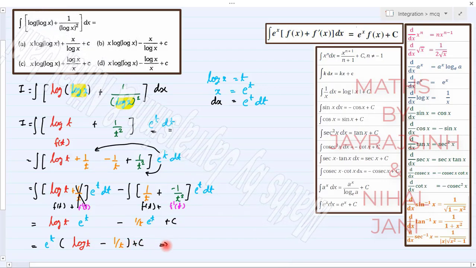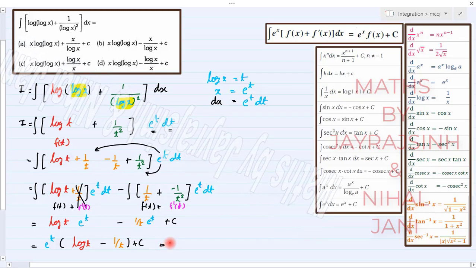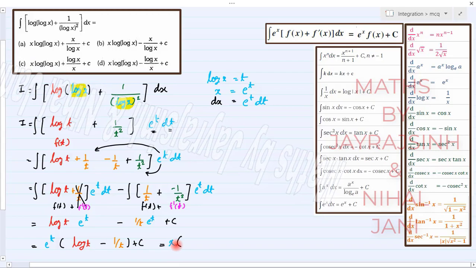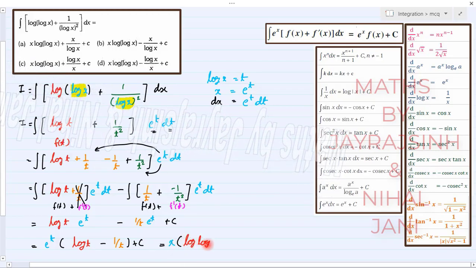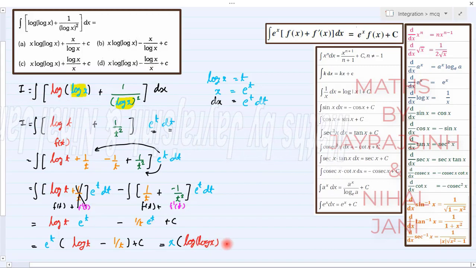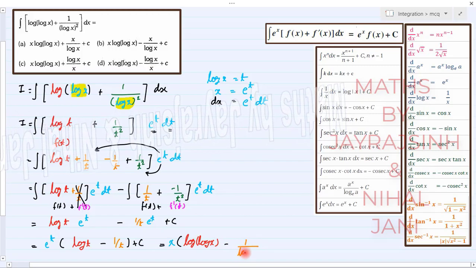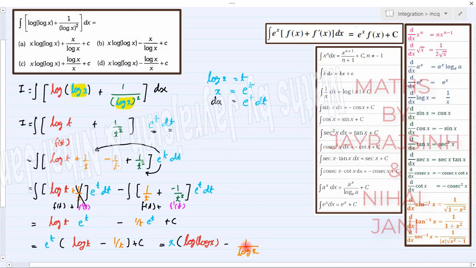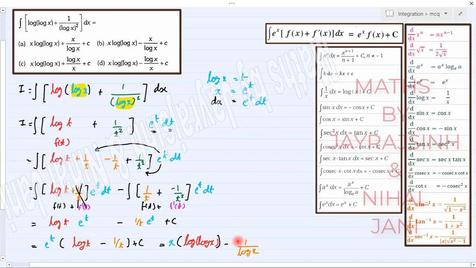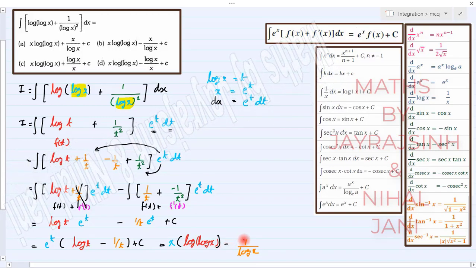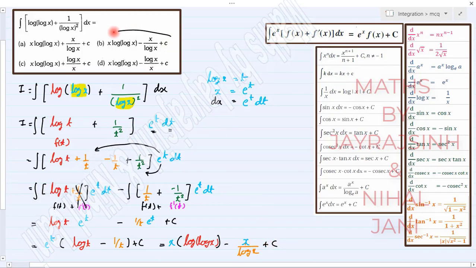And to get the final answer, we just have to substitute the value of t. Your e raised to t is simply x. Your log t will be log of log x minus 1 by log x. And if you multiply x with two terms, we will get x into log of log x and x upon log x plus c, which is given in option B.